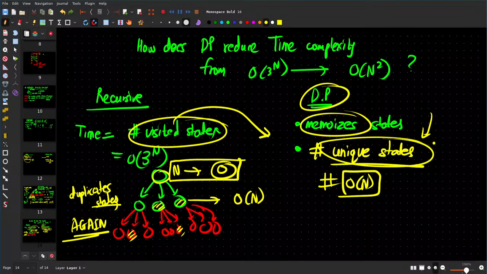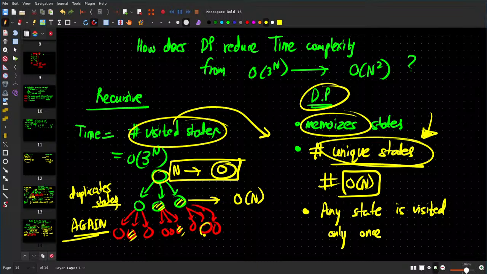And since any state is visited only once, the number of visited states is the same as the number of unique states, and we will not go over some state once again. So this gives us n possible values.